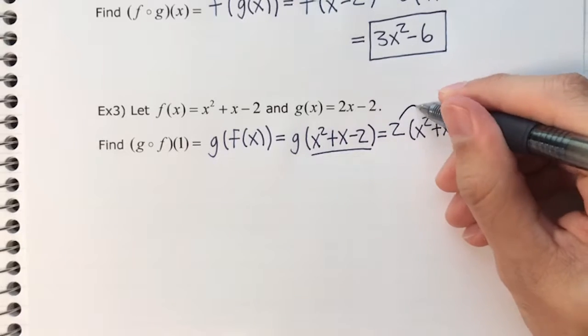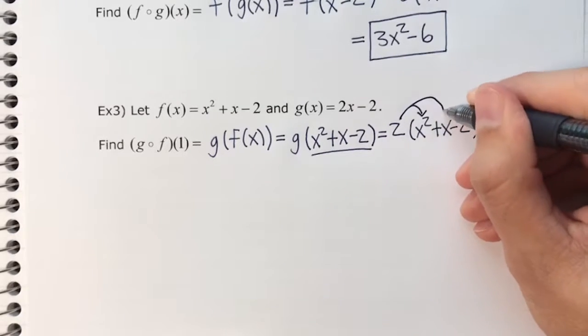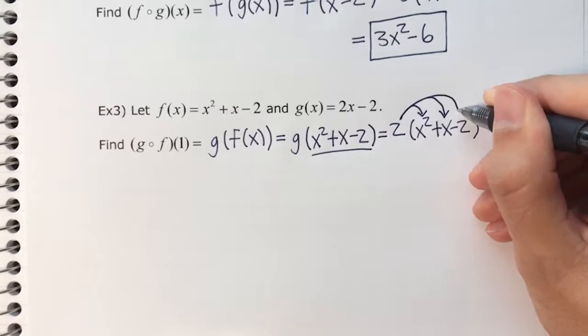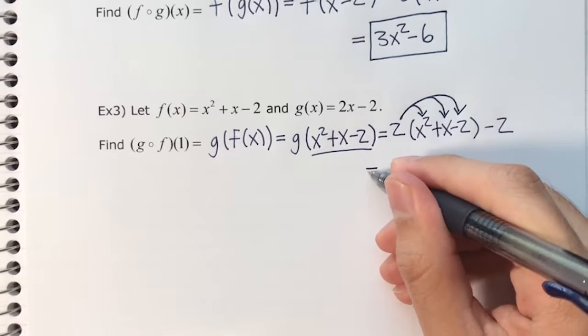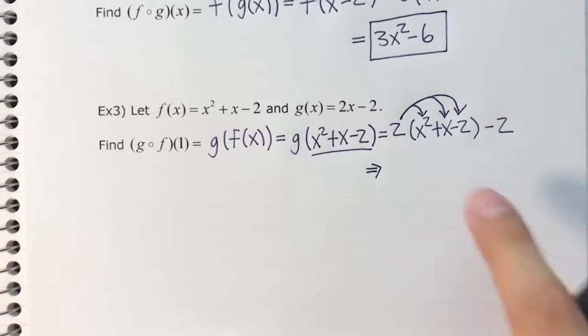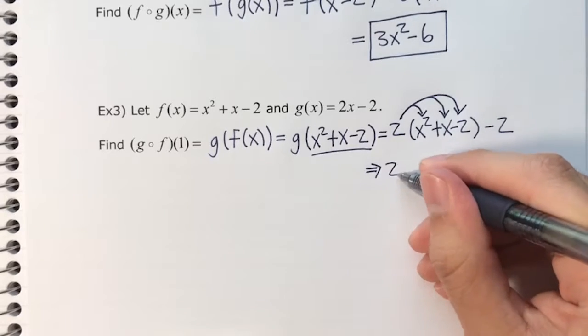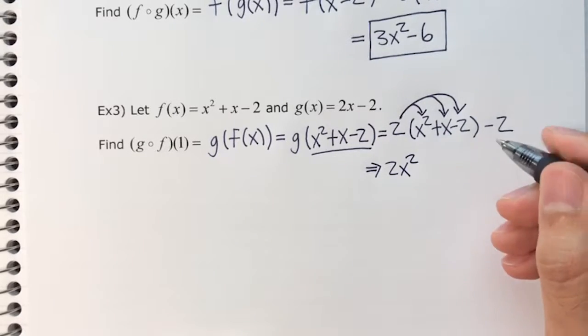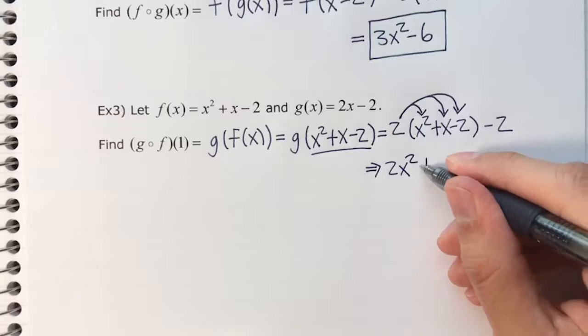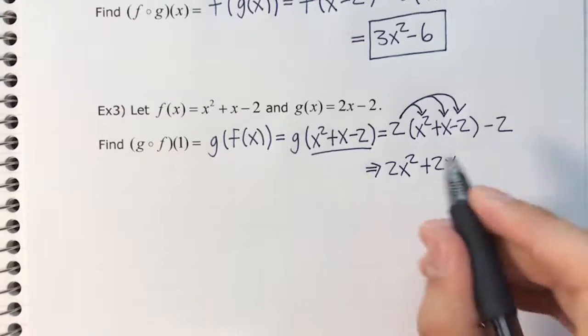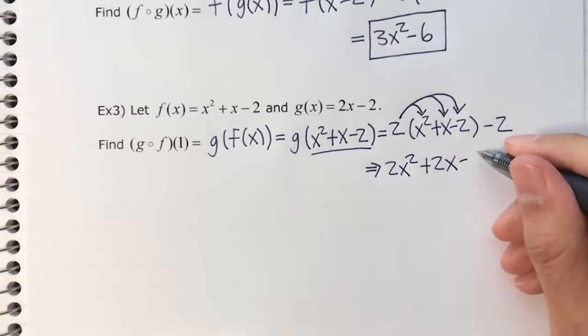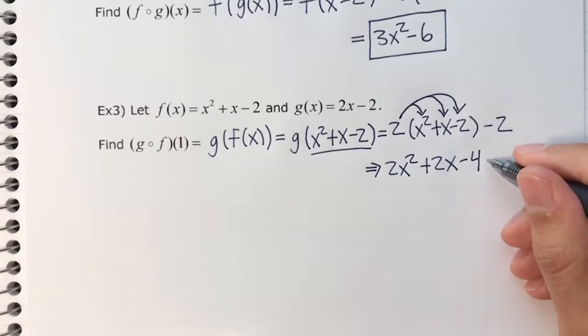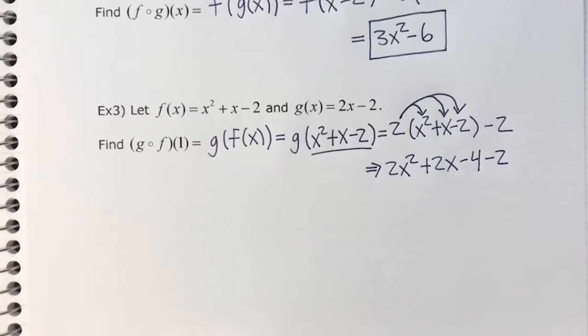Now let's distribute this 2. So what do we have? We have 2x squared. 2 times x is plus 2x. 2 times negative 2, that's minus 4. Bring down the minus 2.